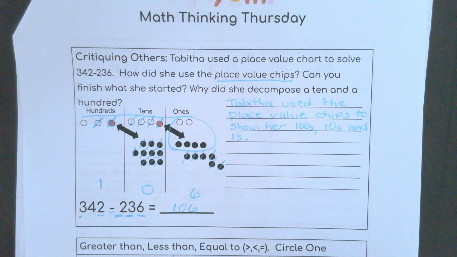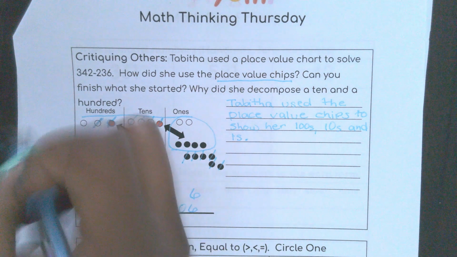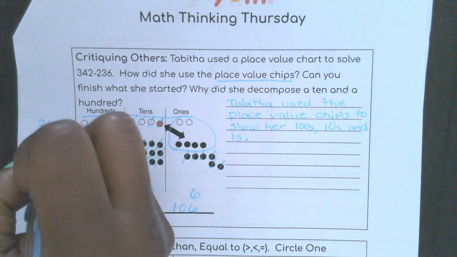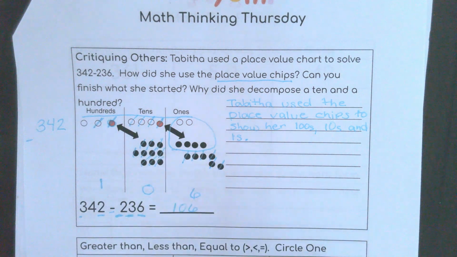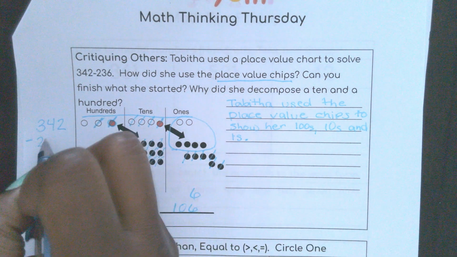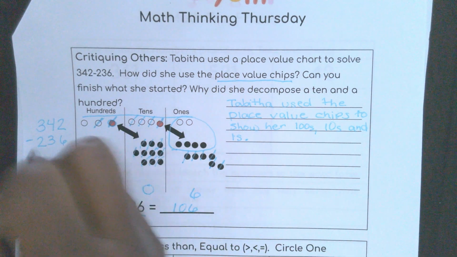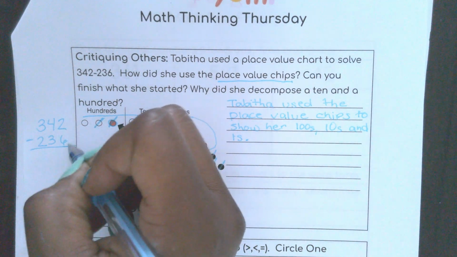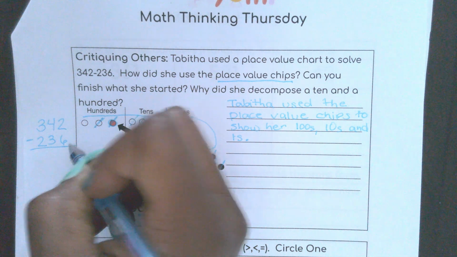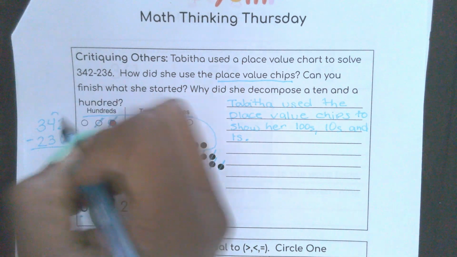Now for those of us who use the standard algorithm, and you wanted to see what Tabitha was doing and see if it was correct, how she started it: 236. Here you can already see if you have 2, you cannot subtract 6. So we have to take here.